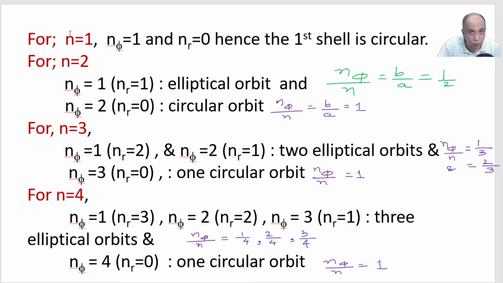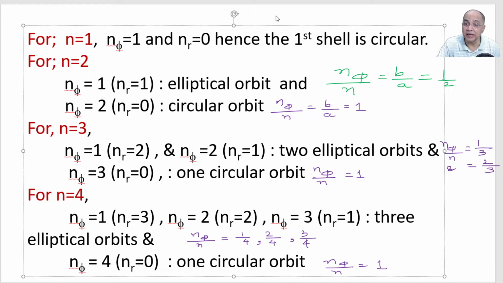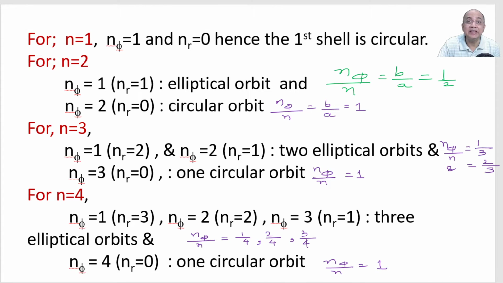When n is equal to 1, that is the K cell, n phi has only one value, and that is 1. That is 1, not 0. And in that case, nr, the radial quantum number, is 0. The radial quantum number has come from radial momentum, and that has in turn come from the radius, the radial vector.